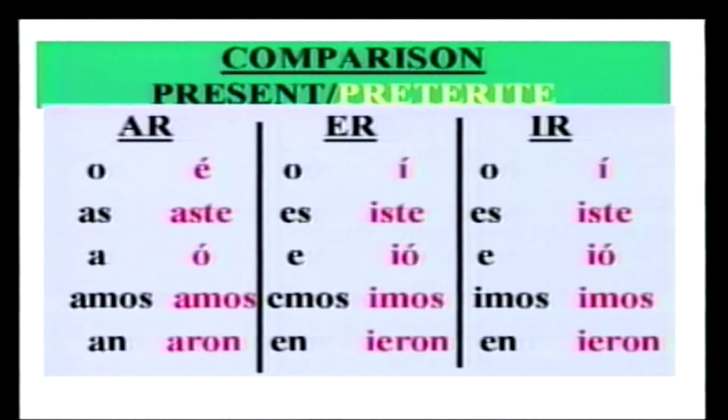And that's what you would add to the stem of regular ER and regular IR verbs when you're discussing it in the preterite tense. This is just a chart to help you remember the endings for the present as well as the preterite. I hope it helps. It's a good way to review.